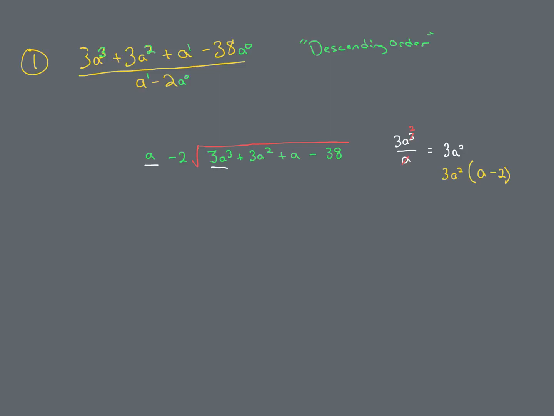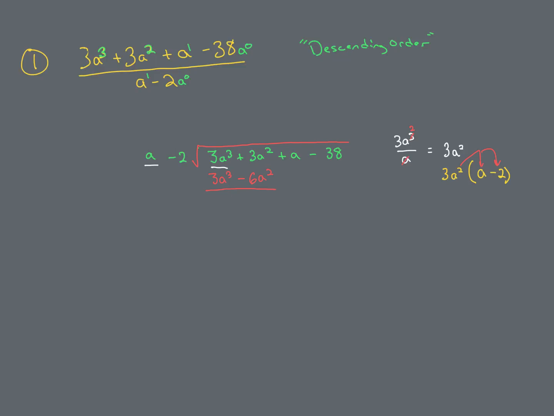So 3a squared times a minus 2, if we multiply those, we end up with 3a to the third minus 6a to the second. Going to put a line underneath there. And then one important thing with the division algorithm, we're going to subtract all of that.